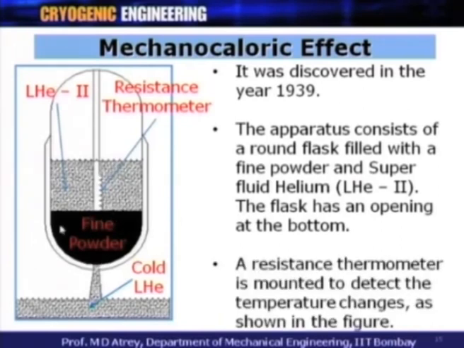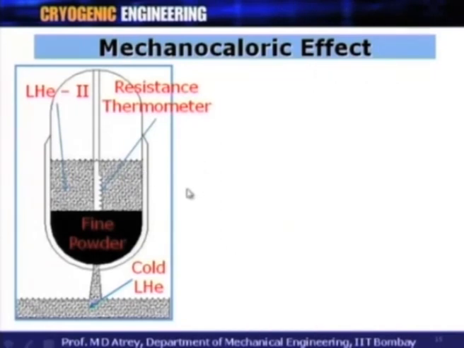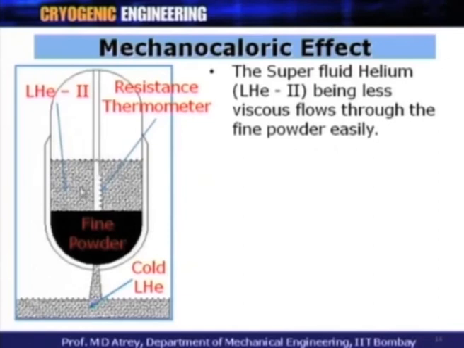Also, one resistance thermometer is kept at this point in order to get temperature over time. So, a resistance thermometer is mounted to detect the temperature changes as shown in this figure. Now, let us see what happens. This is superfluid over here, and this superfluid, being less viscous, being zero viscous we can say, will travel through this fine powder because the resistance of the fine powder is not enough to stop it.